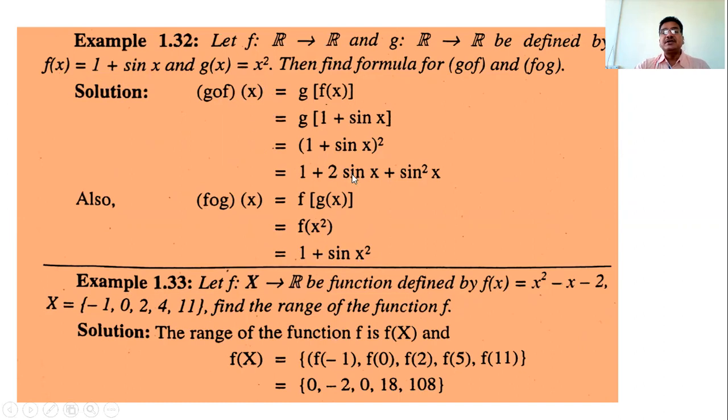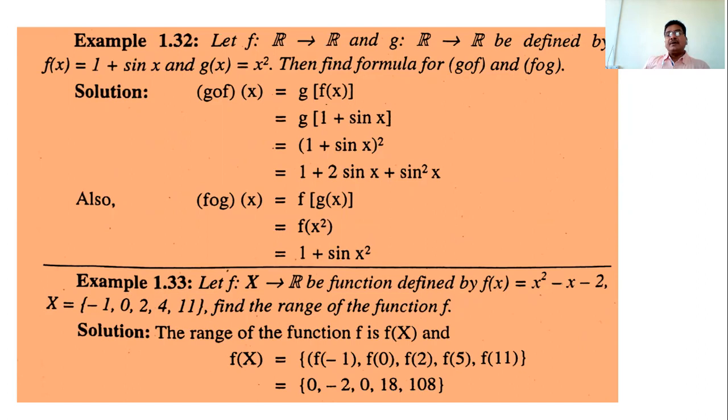If you observe g circle f and f circle g, these two are different, and therefore the composition of two functions is not commutative. The commutative law does not hold for composition of two functions. So what is the commutative law? For example, the commutative law is true for multiplication of numbers: 2 into 3 and 3 into 2 both are same.